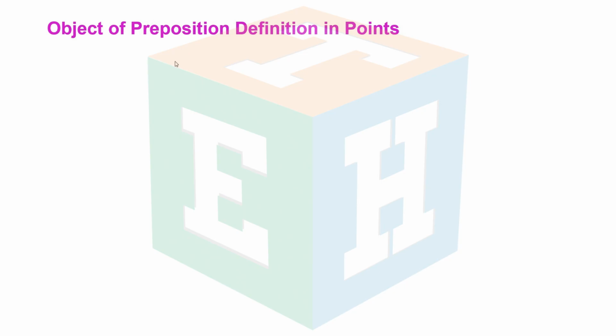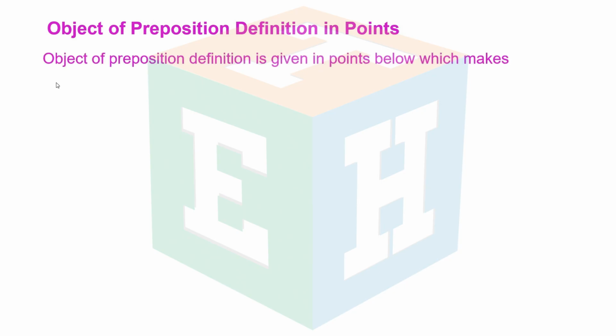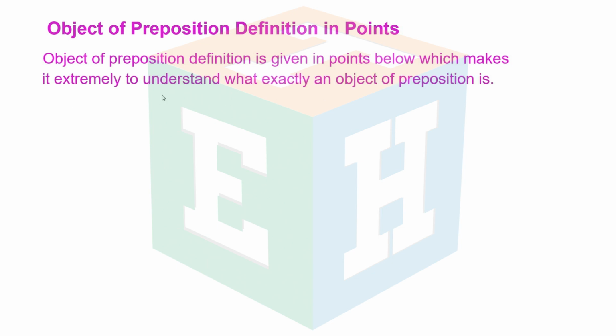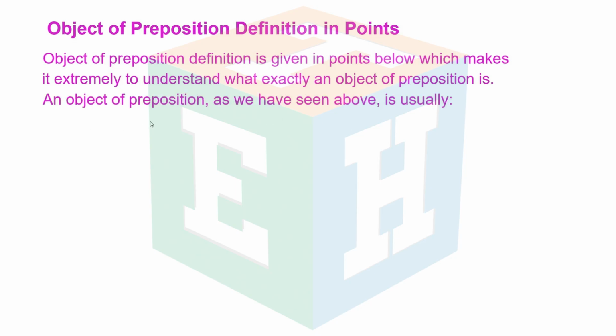Object of preposition definition in points. Object of preposition definition is given in points below, which makes it extremely easy to understand what exactly an object of preposition is. An object of preposition, as we have seen above, is usually, number 1, a noun as in, a dog is sleeping under the tree.